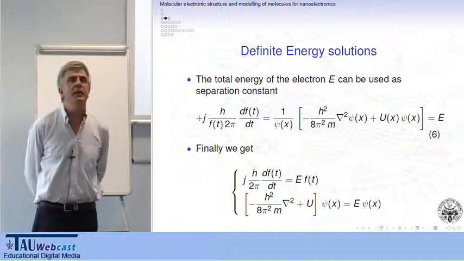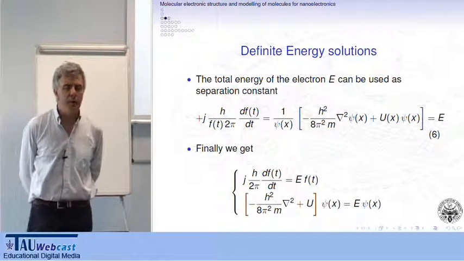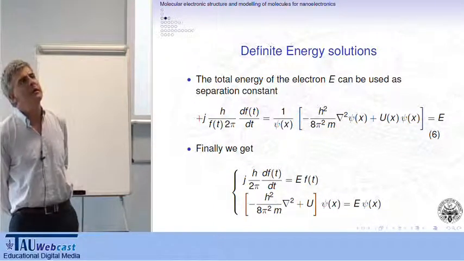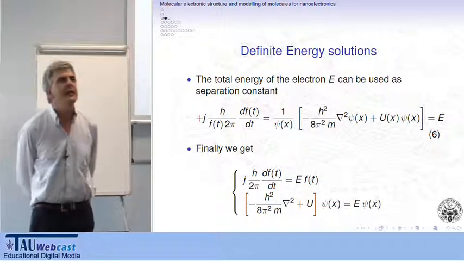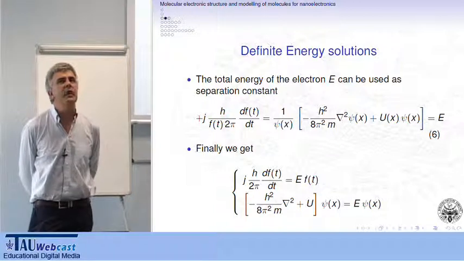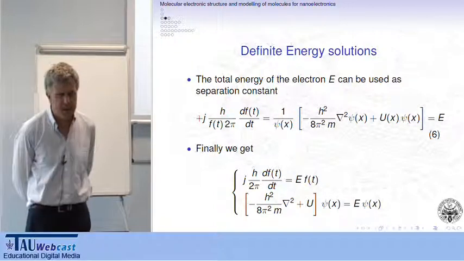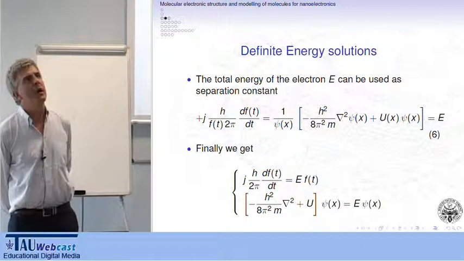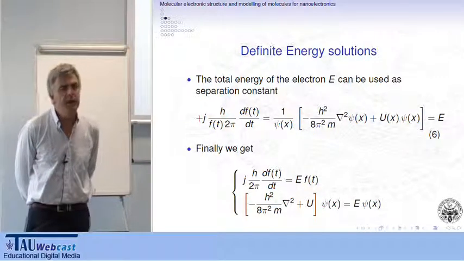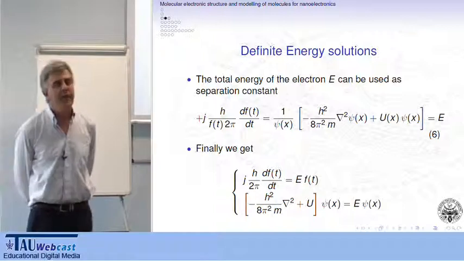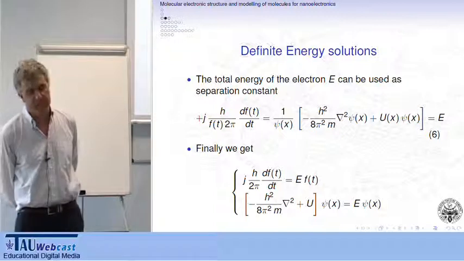So the Schrödinger equation can be rewritten as a system where we have one equation depending only on time, the first one, and the second one where the equation is defined only as a function of the coordinate of the electron. In this case it is one-dimensional, in x. The last equation is the basic equation to define eigenfunctions and eigenvalues for electrons in a system.